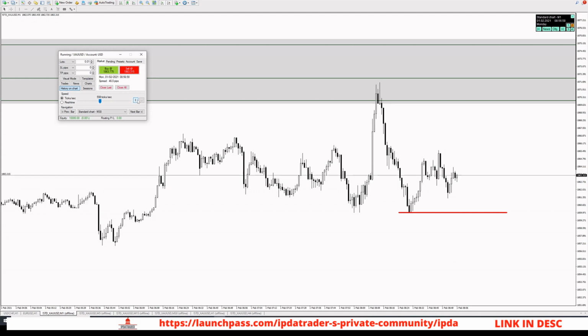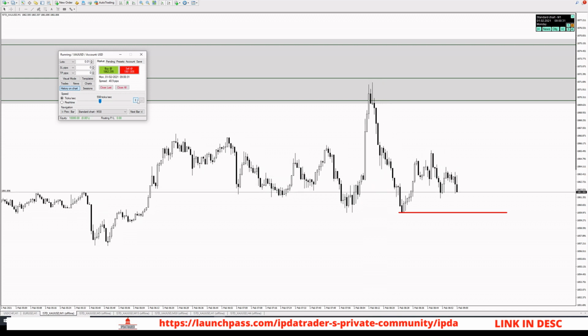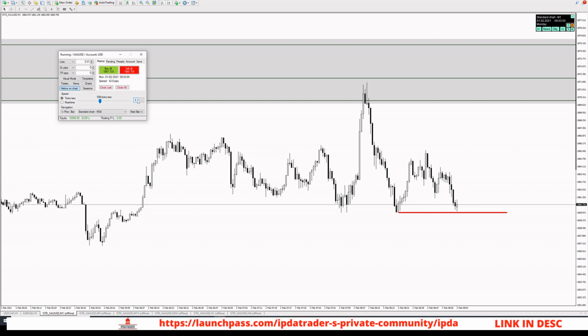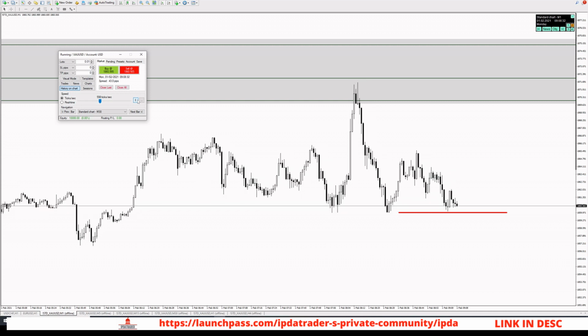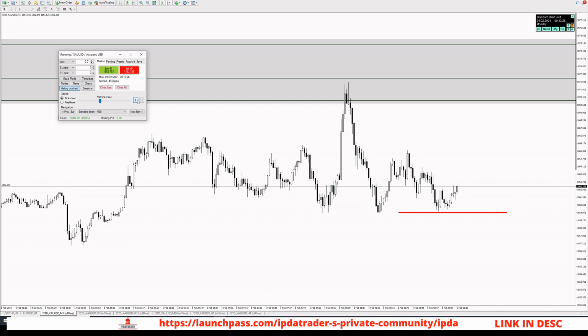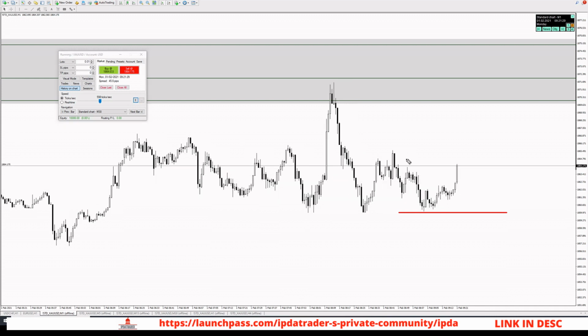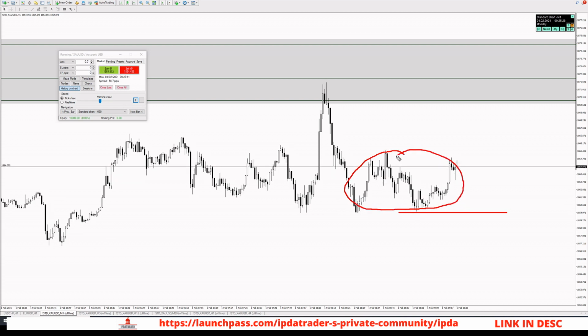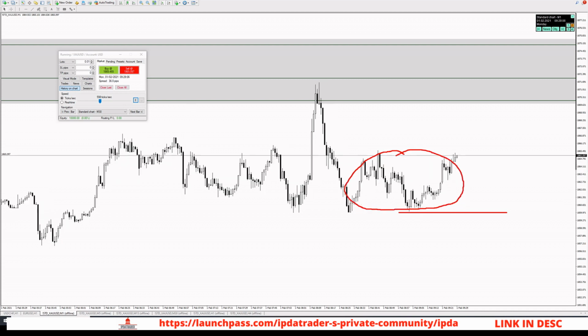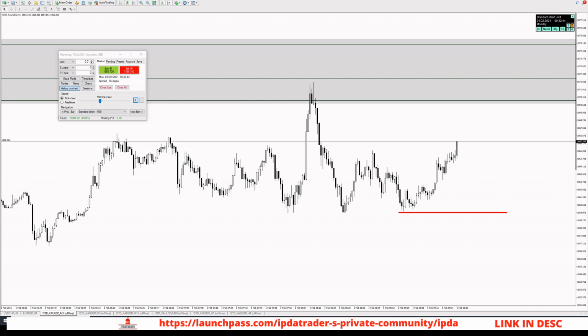Let's wait and see how price action is going to develop. So it looks like we're going to try to break down again. Once again, not yet. We're still trading within this range. As you can see, we've pretty much respected that area.